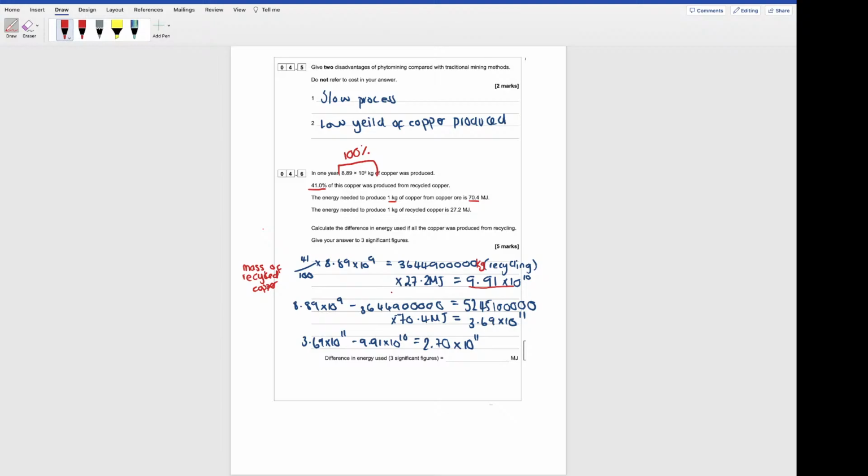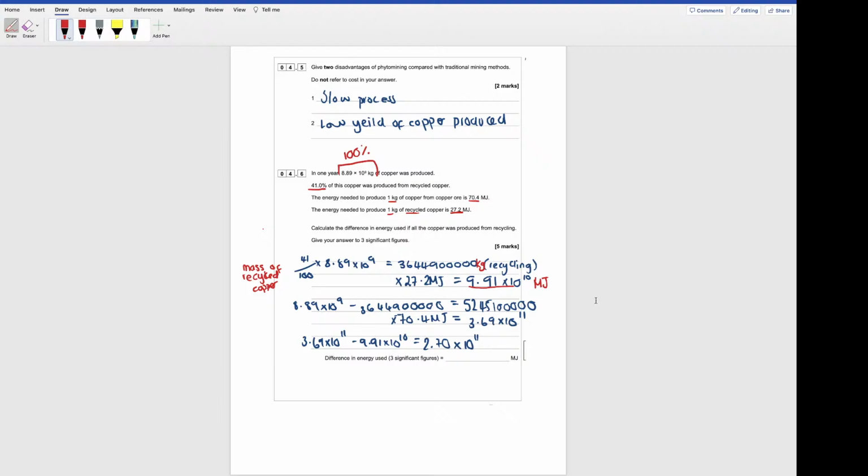So the total energy used for the recycled copper was this value here, the recycled value, how much I got from recycling, times the 1 kilogram recycled copper, okay? And that's how much energy in megajoules it took to get copper from recycled copper.